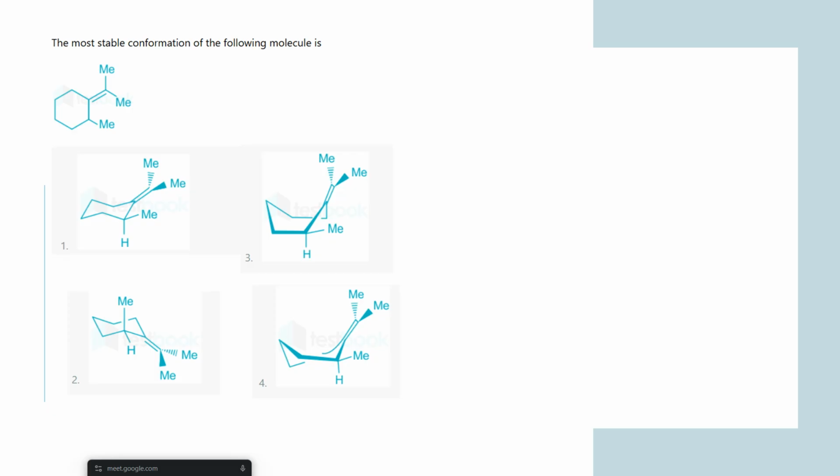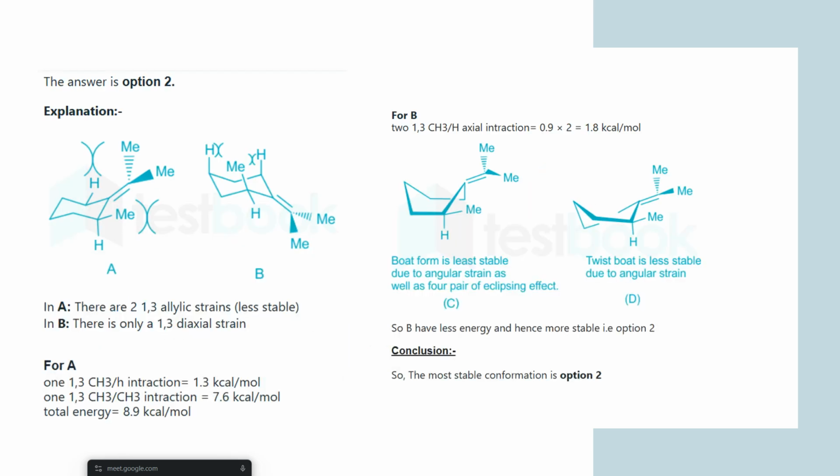And after that, we solved this question where we talked about the most stable conformation of the given molecule. So we first eliminated options 3 and 4 because of the boat and twist boat conformations. And out of 1 and 2, we figured out that option 2 has the least energy because of fewer 1,3-diaxial interactions.